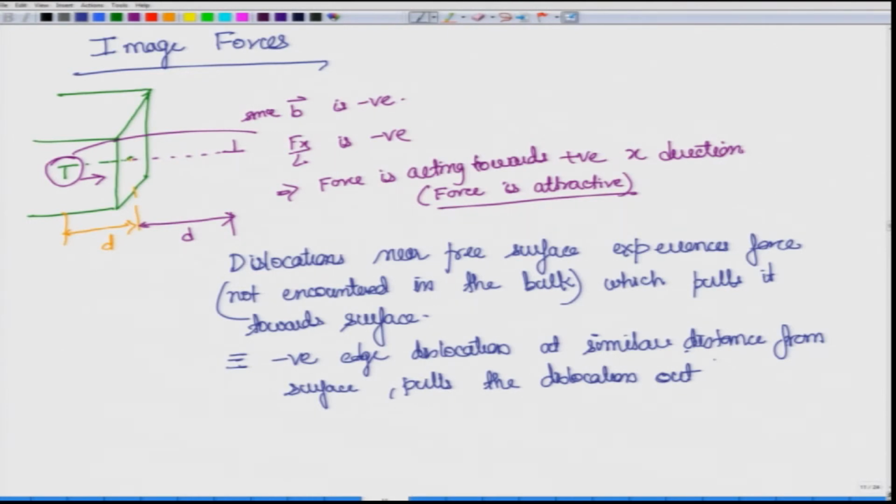So, this is what we imply when we say image forces, and the relation for this would be very simple. If you go back to our equation, because the distance is now 2d, all we need to do is the force will be described as negative, with 1 minus nu, 2d, and 4d squared, where this is x squared minus y squared, and this is x squared plus y squared whole squared.